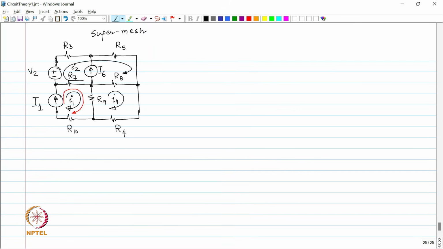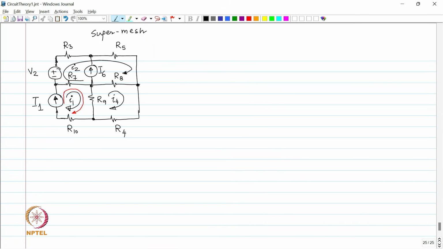I2, small I2. Are you sure it's I2? Okay. But let us define that to be I2.